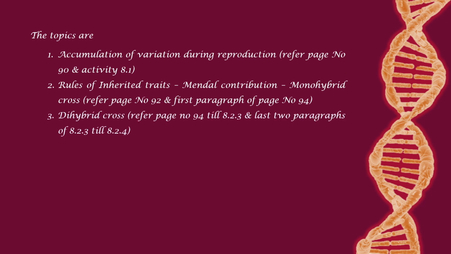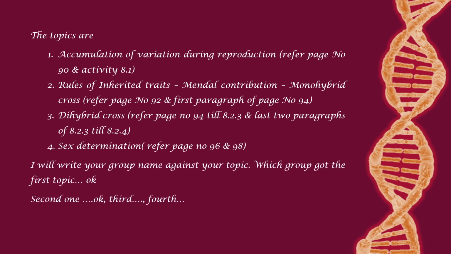Then dihybrid cross, refer page number 92 till 8.2.3 and the last two paragraphs of 8.2.3 till 8.2.4. Sex determination, refer page number 96 and 98. I will write your group names against your topic. Which group got the first topic? Okay, second one, third one, right.